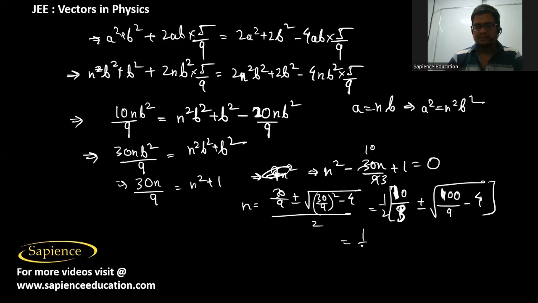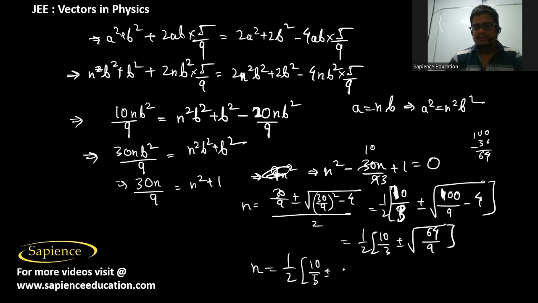So this will be half into 10 by 3 plus or minus square root of 100 minus 36, which is 64, over 9. So n will be equal to half of 10 by 3 plus or minus 8 by 3.